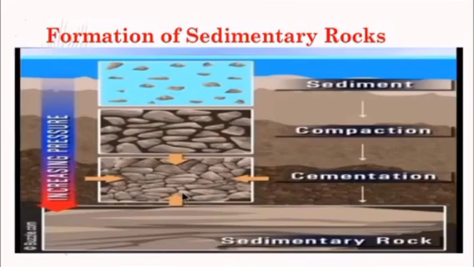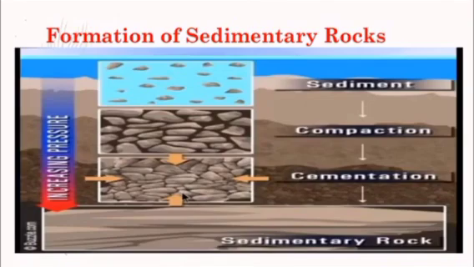Later on they get more cemented and form the sedimentary rocks, that is layer rocks. Because of increasing pressure and temperature, they get more cemented. Cemented means more bonded, so it forms the sedimentary rocks.